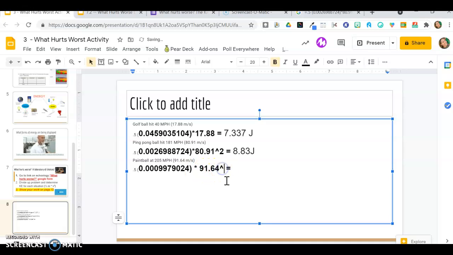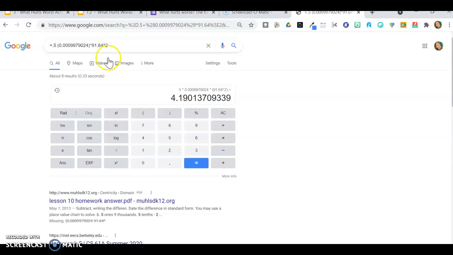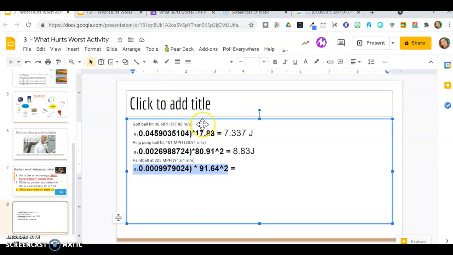We're going to square that. So that was only 4 joules of energy.